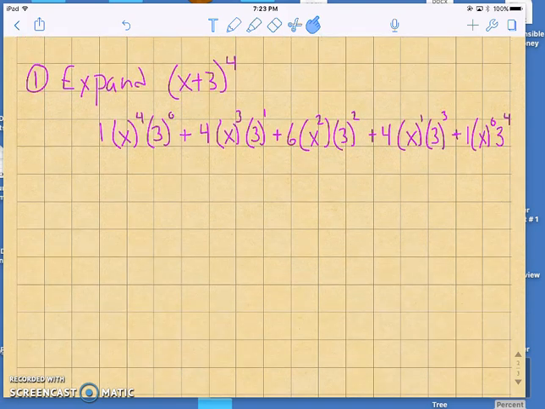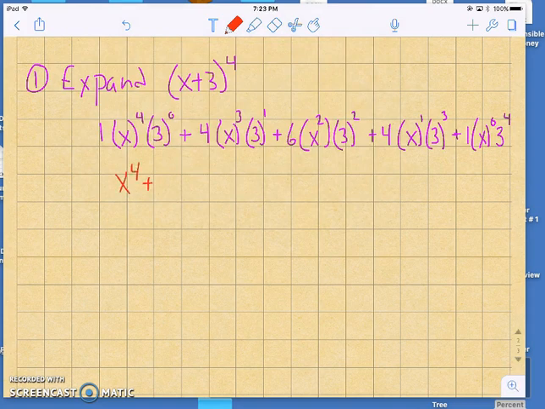And now we can just simplify this further. Well, 1x to the 4th, that's just x to the 4th. Plus, when we take this, we can combine our numbers. So 4 times 3, that would be 12x cubed. Plus, let's see, this one, we'd have 6 times 9, well, that'd be 54 x squared.